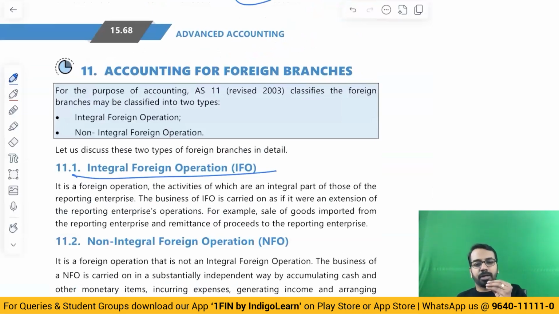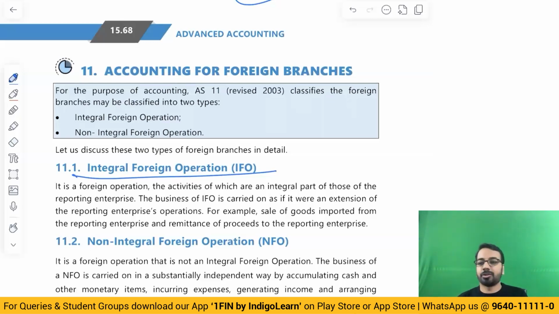Typically in case of integral foreign operations, the head office will send the goods to the branch, then the branch will make the sales. Whatever amount is collected is sent back to the head office. Generally, they will not purchase from outside. Integral foreign operations rely on the head office for all their finances. Okay. So that is what is called an integral foreign operation.